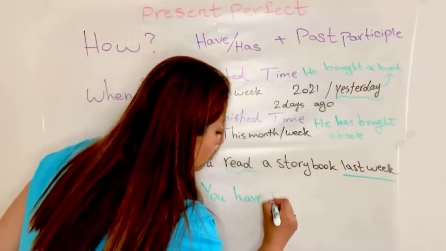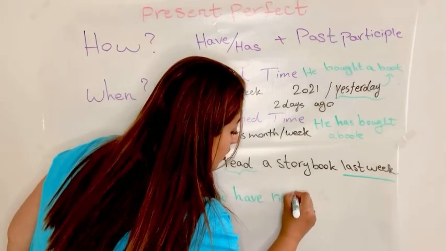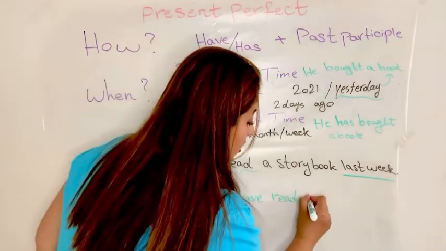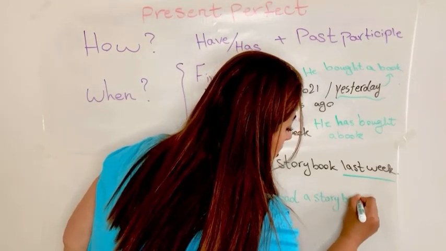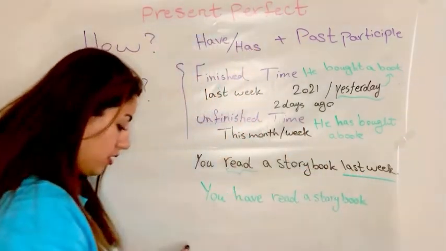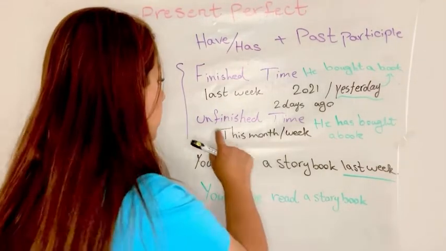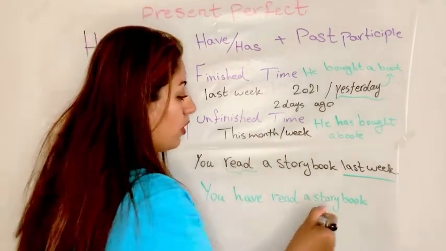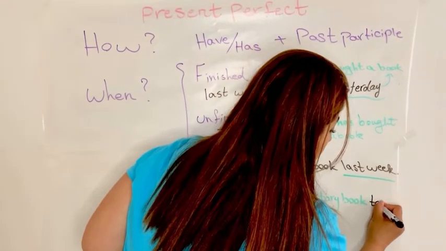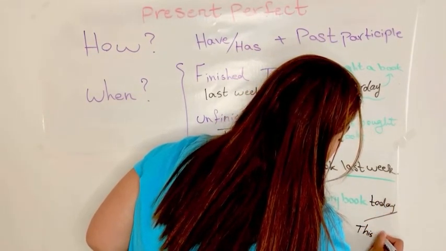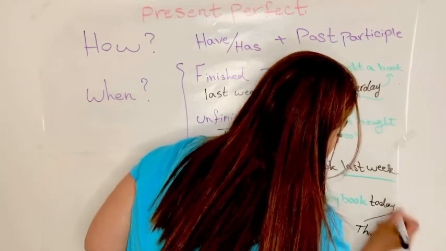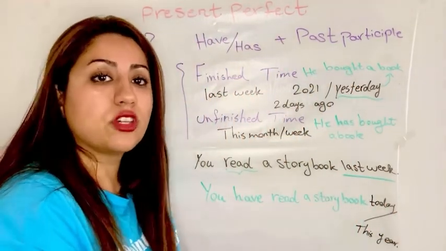So again, I use the verb. You have read a storybook. Now I need to change the time expression because I need unfinished time. We can use something like today or this year. That's so easy. You can change it.